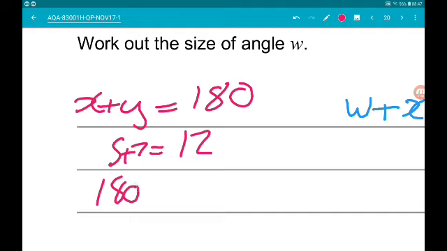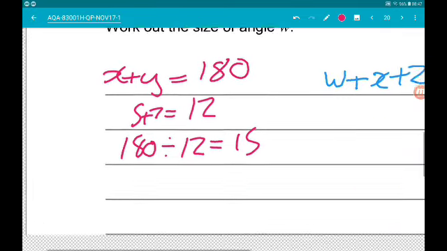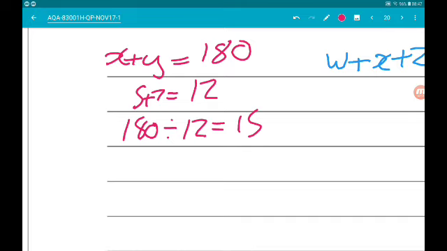180 divided by 12 is 15. So we multiply each part of the ratio by 15. So 5 times 15 is 75.